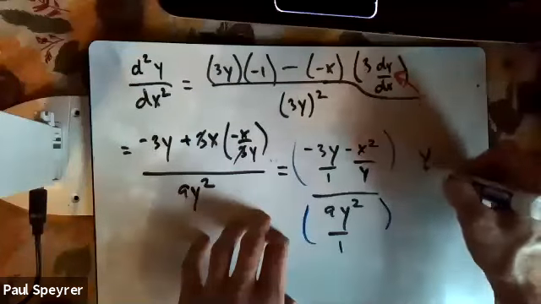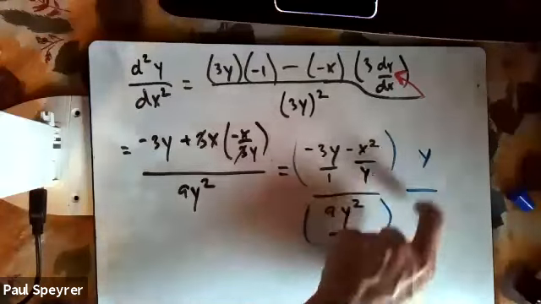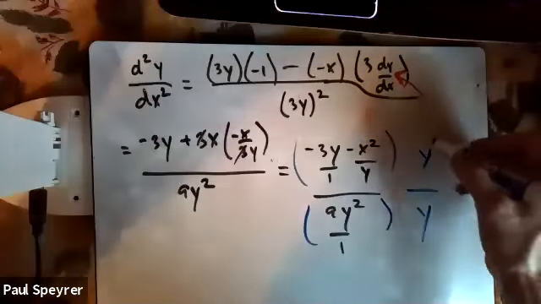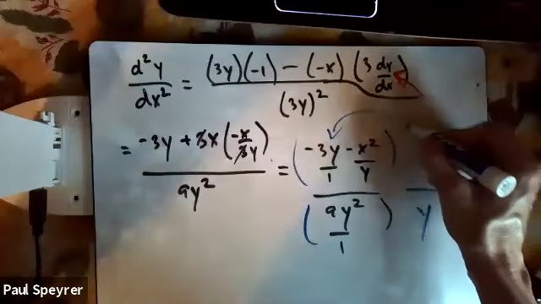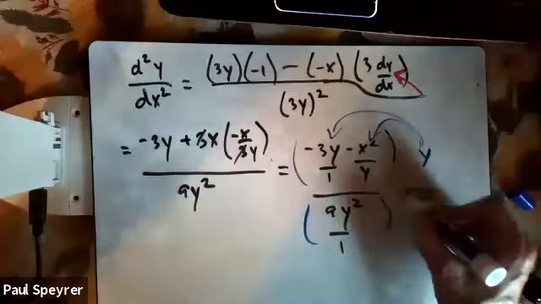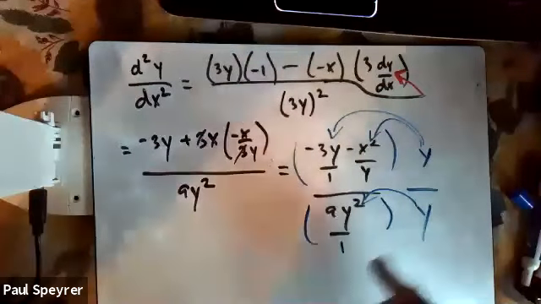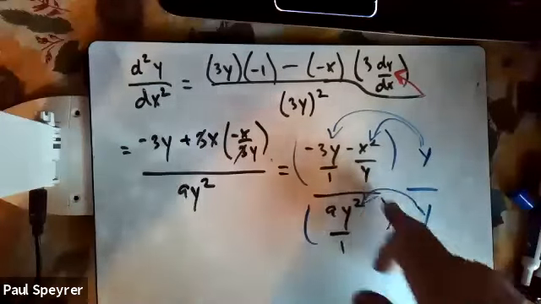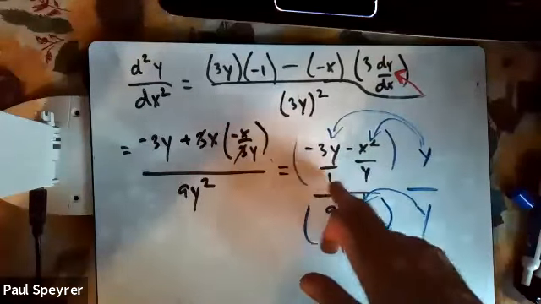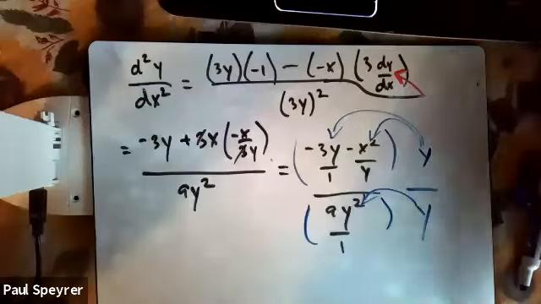So what I'm going to do is multiply everything by y over y. This is legal because this is just a fancy form of 1, okay? So we're going to have y times negative 3y, and y times this component here, and also y times that component. And again, the reason we're doing that is because we want to get rid of these mini denominators. Now, what happens when we do that?